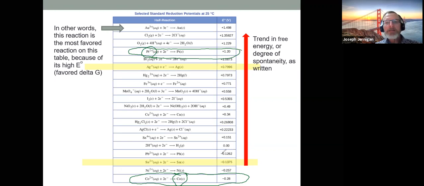If I gave you that on an exam and said, tell me what the delta E is when you expose equal molar, and I should have mentioned that, equal molar amounts of platinum 2 and cobalt metal. Will they react? That's the first question. Will platinum 2+ react with cobalt 0?